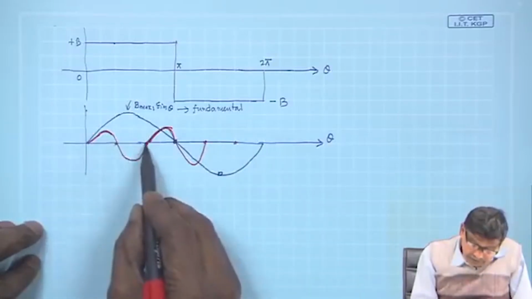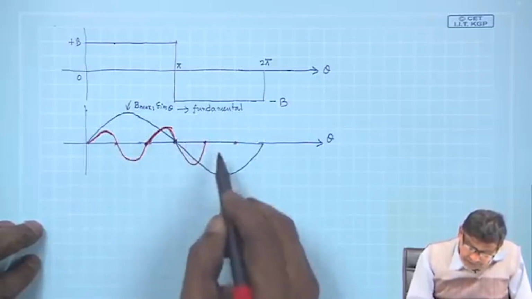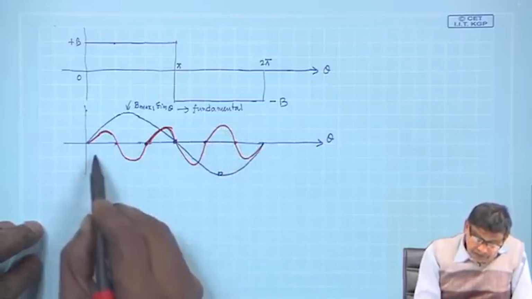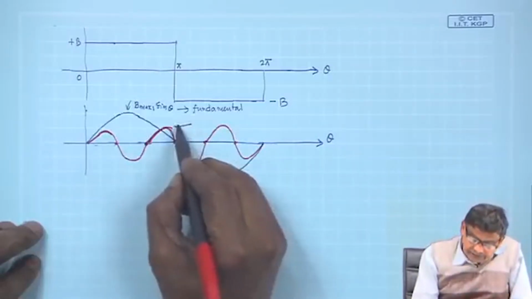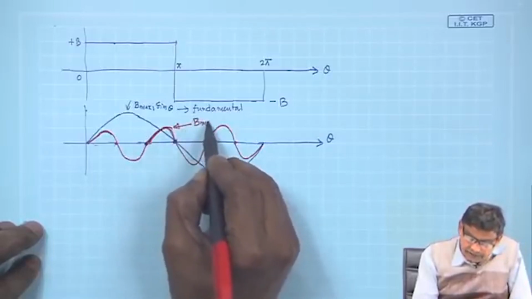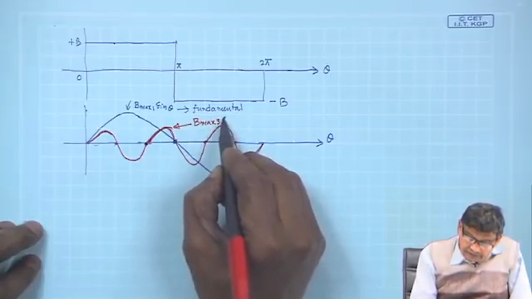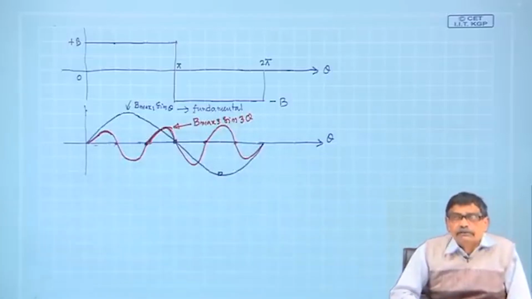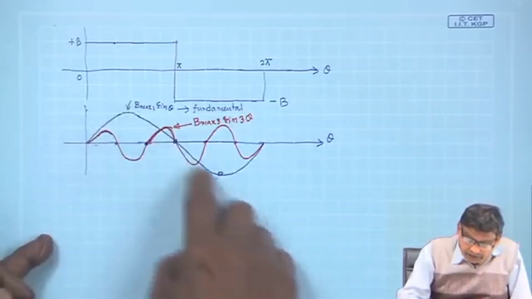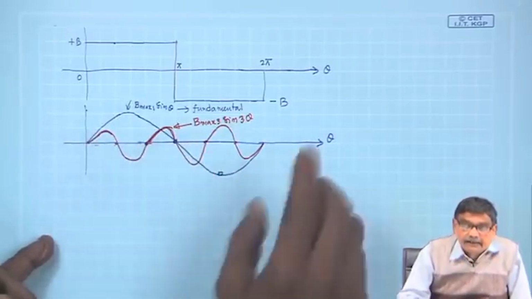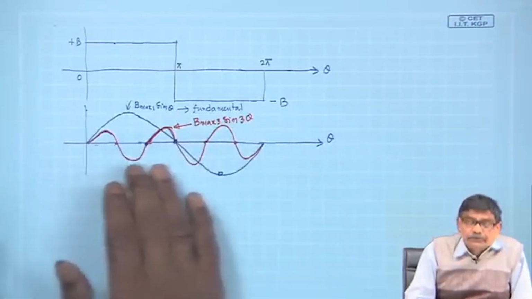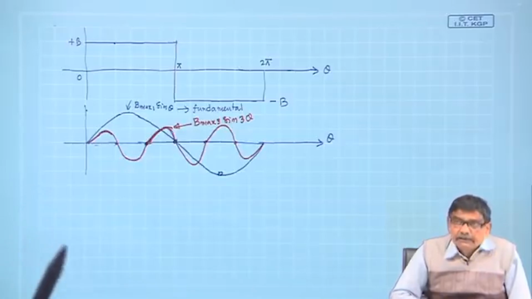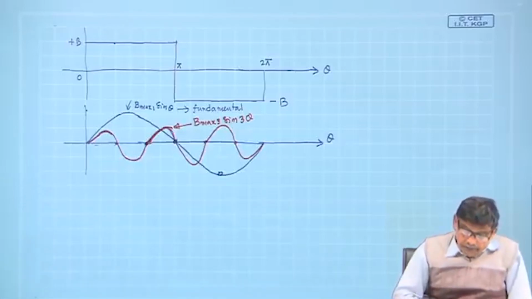One cycle 120 degrees, next cycle next 120 degrees, and the third cycle is here. So, 3 cycles of this, its equation is B max 3 sin 3 theta. Similarly, if you wish, you can sketch the fifth harmonic. In one cycle of fundamental, there will be 5 such cycles, but I am not going to draw those. If I understand how to tackle one harmonic component, you can easily figure out what to do.